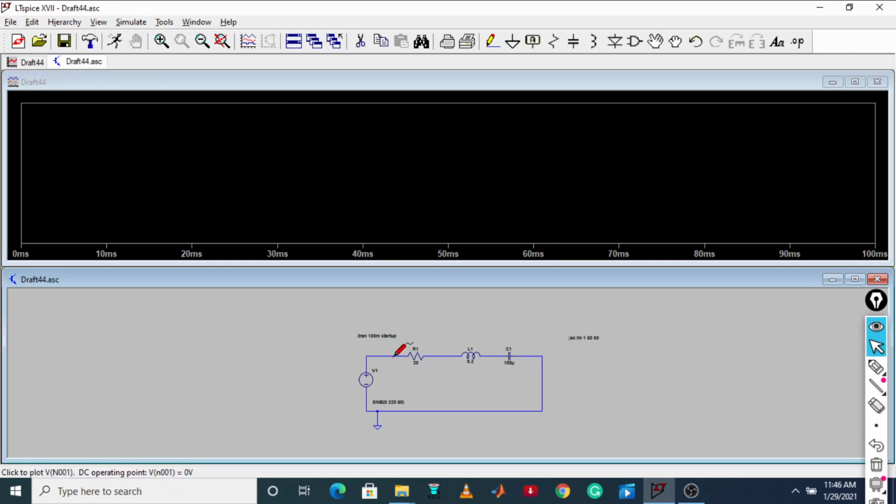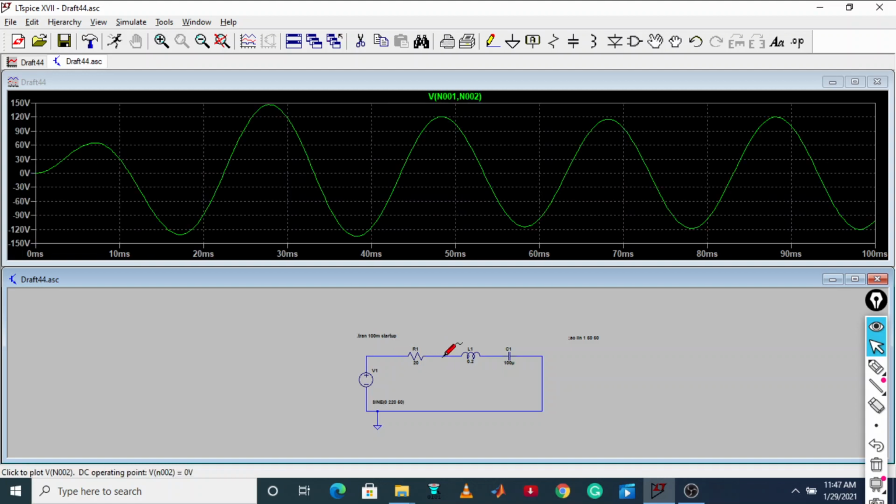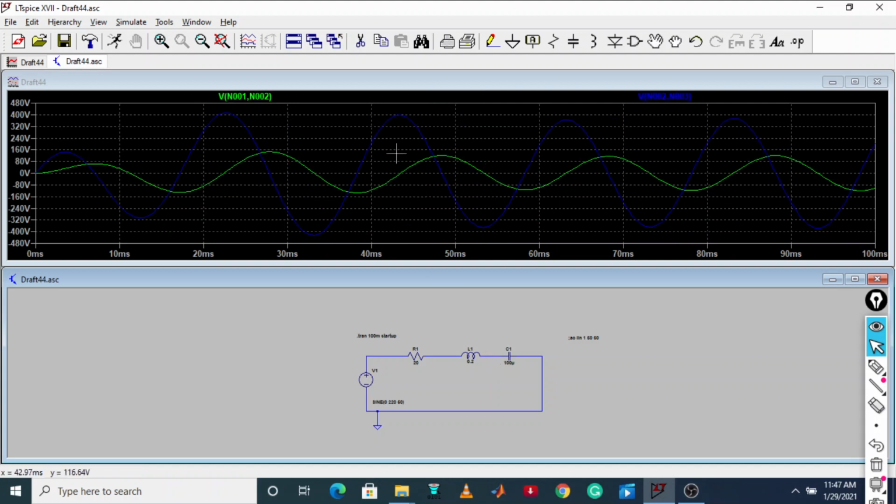Now if you see the voltage across resistance, it is this one. Now the voltage across the inductor is this one. Certainly it is lagging. Now if you see the voltage across the capacitor, it is leading.